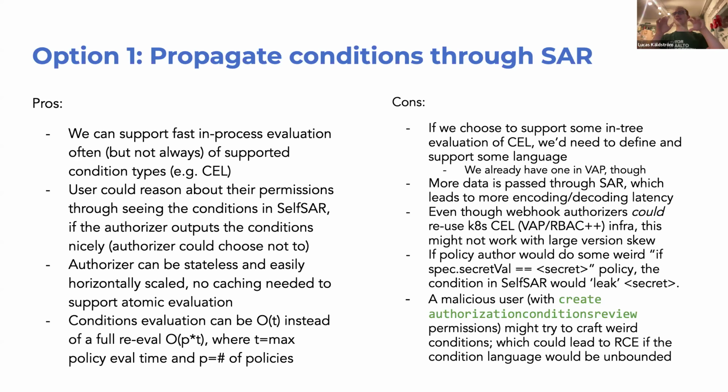You can't use the opaque conditions authorizer if you want CEL, right? Sorry. I would just say conditions are not confidential. They're visible to anyone who can run subject access reviews and self-subject access reviews, and all authenticated users can run self-subject access reviews by default. So conditions are not confidential. If you don't want someone to see the conditions attached to their own authorizations, use opaque conditions.